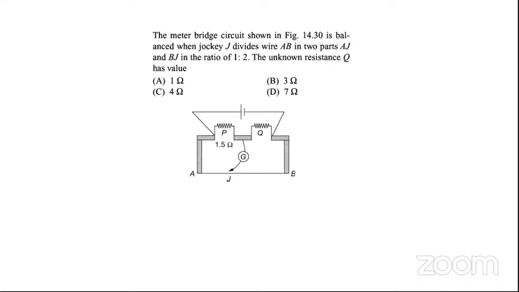The meter bridge circuit shown in this figure is balanced when jockey J divides wire AB in two parts, AJ and BJ, in the ratio 1:2.